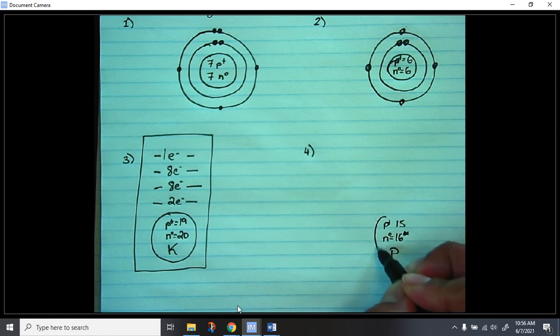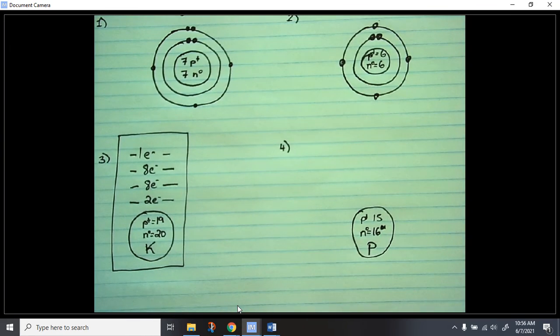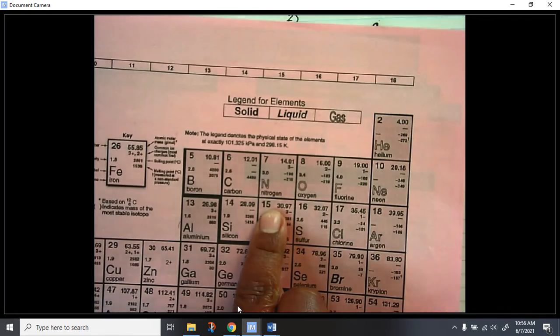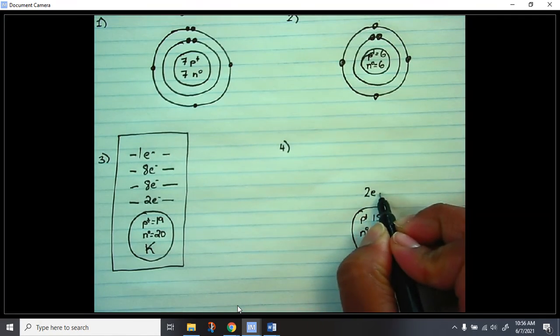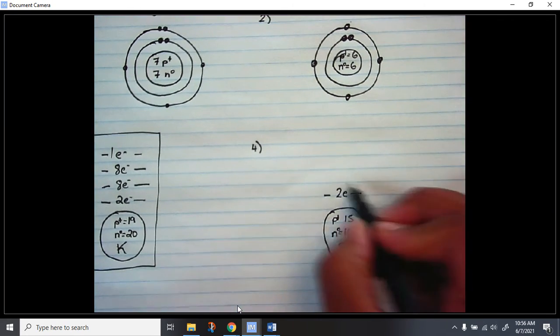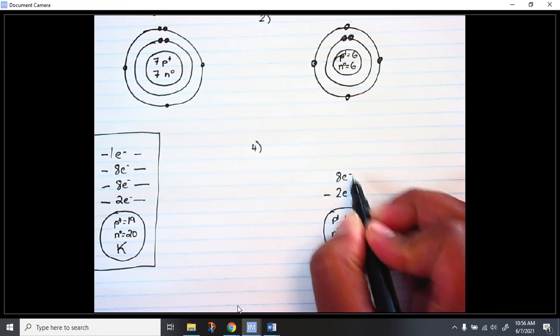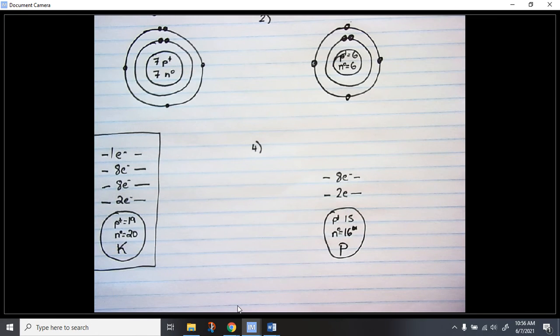Put a circle around it because that's representing my nucleus. That was a horrible circle. Okay, so now I'm also going to have 15 electrons. Okay, so first energy level can have a maximum of 2. I'm not at 15 yet. I keep adding them. My next level can have a maximum of 8. Okay, so now I'm at 10.